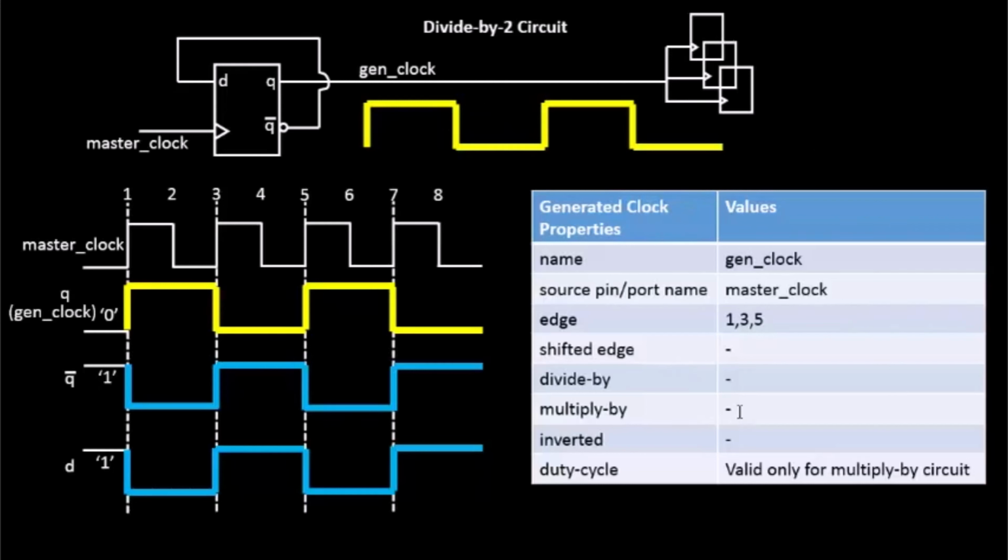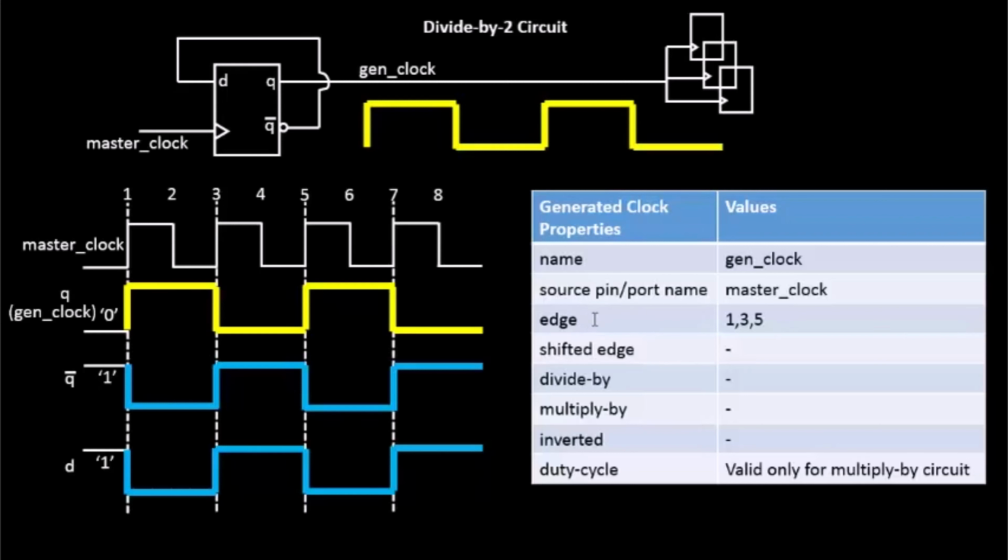So any divided by n circuit, any clock waveform generated by binary division of the master clock, can be represented by an edge option as well. The generated clock properties can be derived with the help of the edge option.